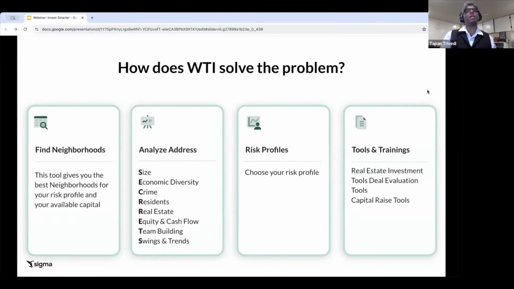Zip codes were made so that postal employees can deliver the mail efficiently. They have literally nothing to do with how people behave. When you're investing in real estate, you want to know the sets of people and how they are behaving together, right? That's the neighborhood.